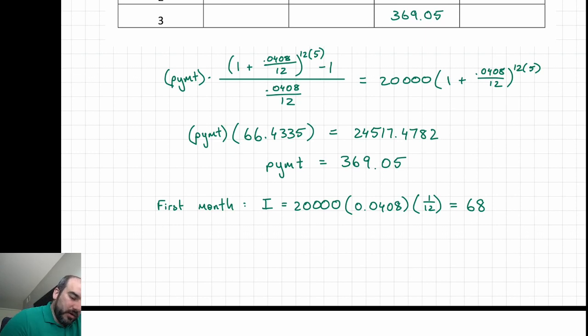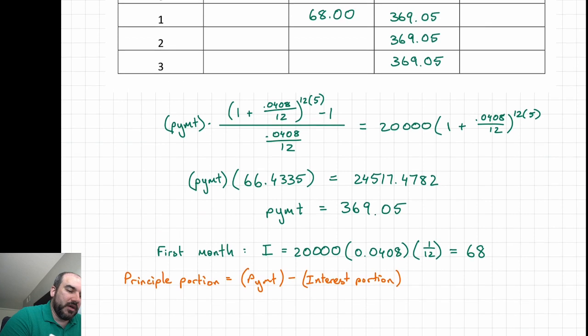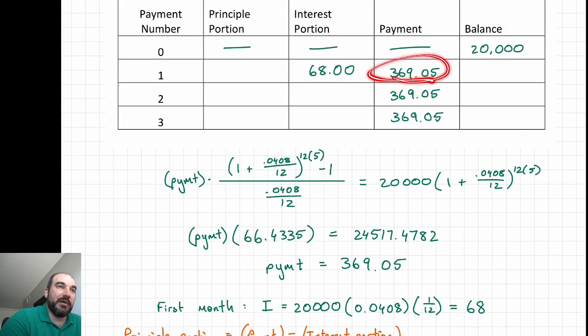And in general, the principal portion will be the payment minus the interest portion. All right, so we take our payment for this month, which is $369.05.